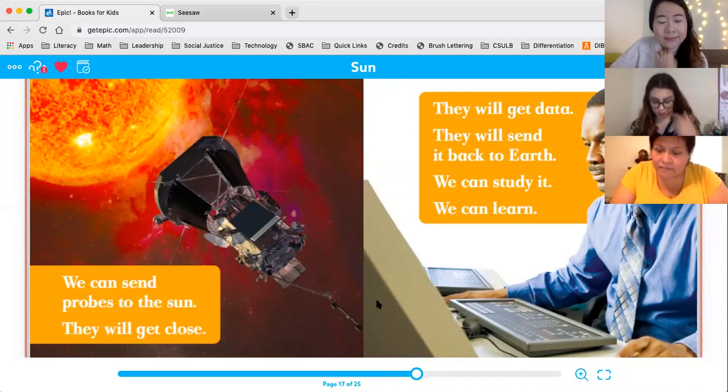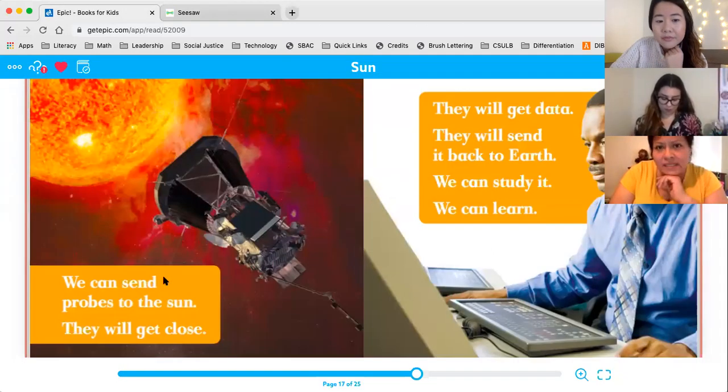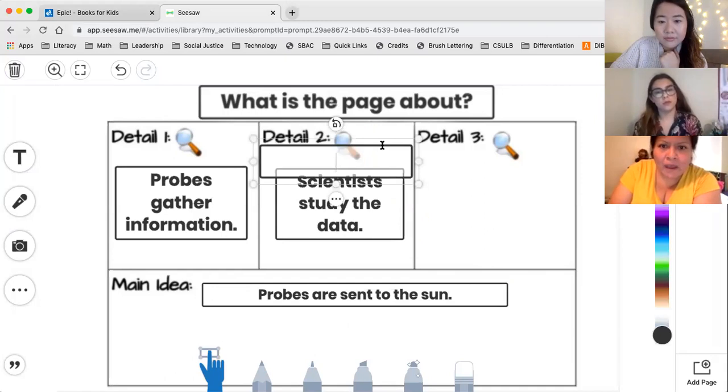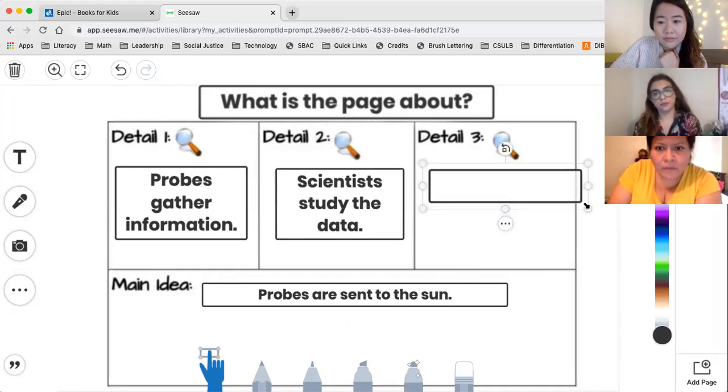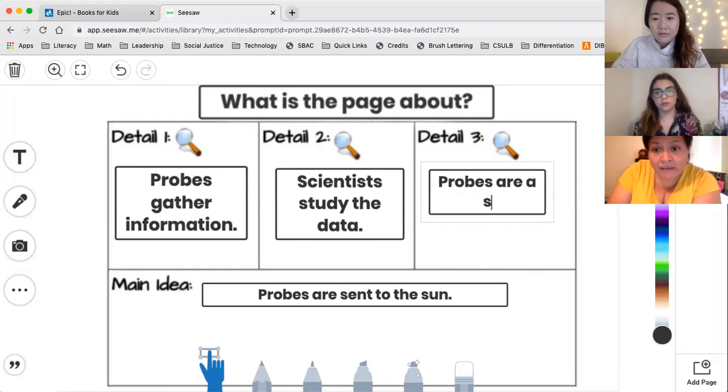Ms. Rosales? So can we go back so that I can see it? Oh, yeah. Sorry, study the data. Well, I was looking at the first sentence where it says they get close. So going back to our sentence, we might say probes are a safe way to, what's our safe way?